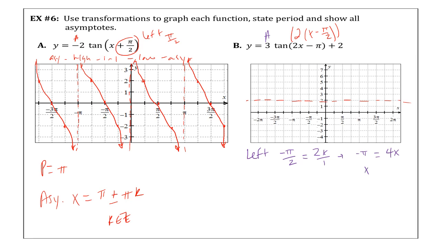So therefore, x equals negative pi over 4. Now, this would be our new left asymptote if we didn't have that phase shift. We have that phase shift that tells us that we need to move our asymptote to the right pi over 2.